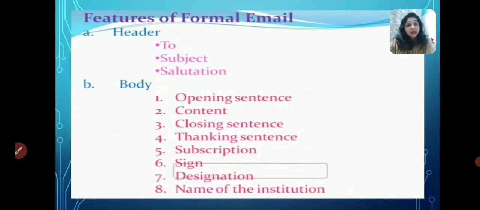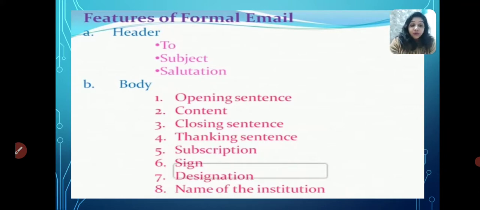Next, let us see the important features of writing a formal email. Every email will have a header, body and a concluding part. Header means to whom you are writing this email. So you will be addressing it to. When we are addressing, we are not writing their name or any place or institution, we are addressing an email ID.